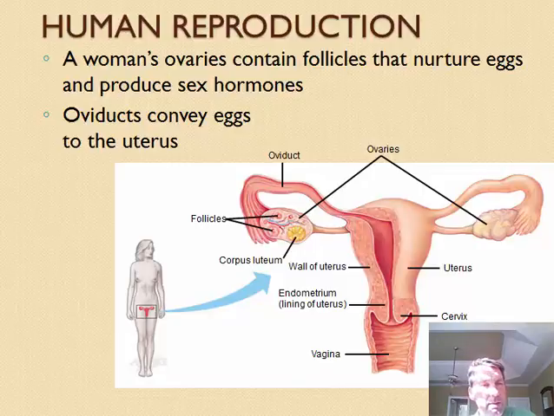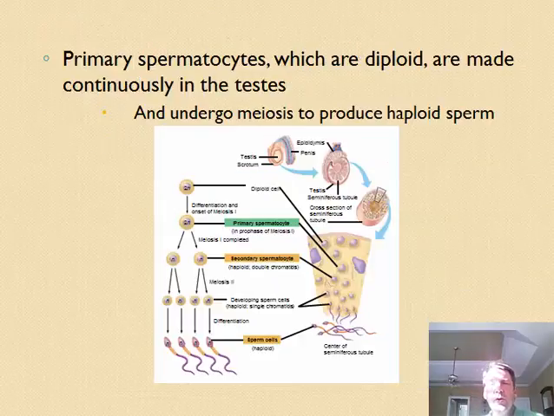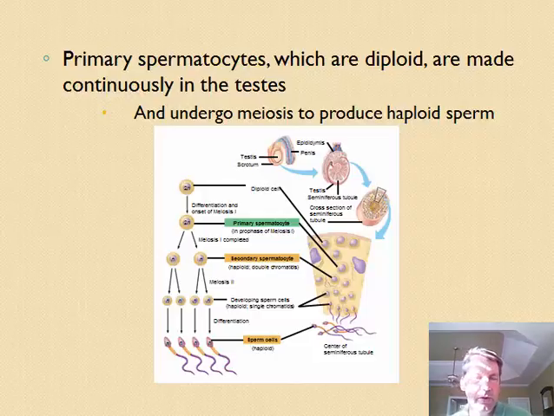All right, so that is the female reproductive structures, and then the male reproductive structures are going to include the testes. This is going to be the site of meiosis in the males. And in here, it actually shows you the development of the sperm, the differentiation of the cells till we get to the sperm.